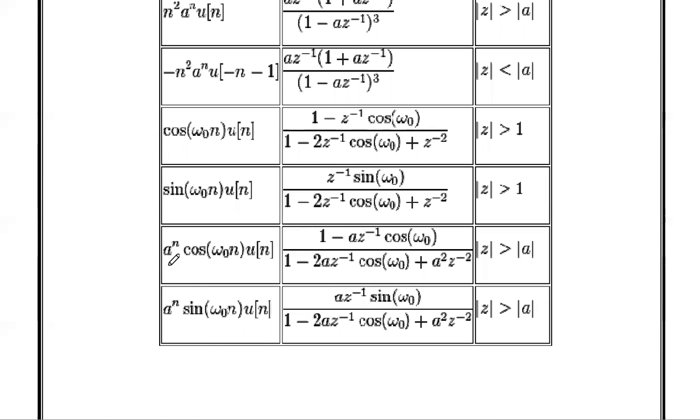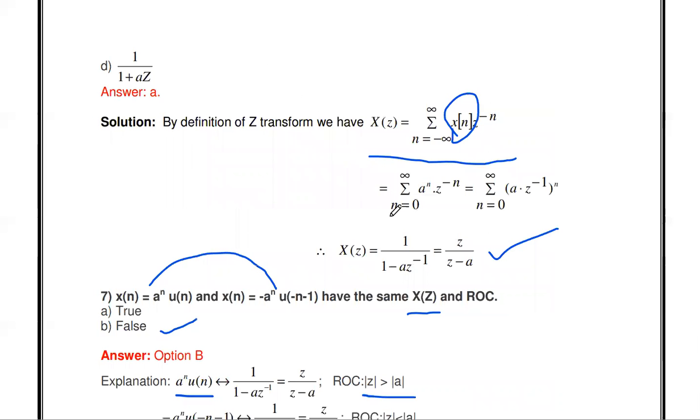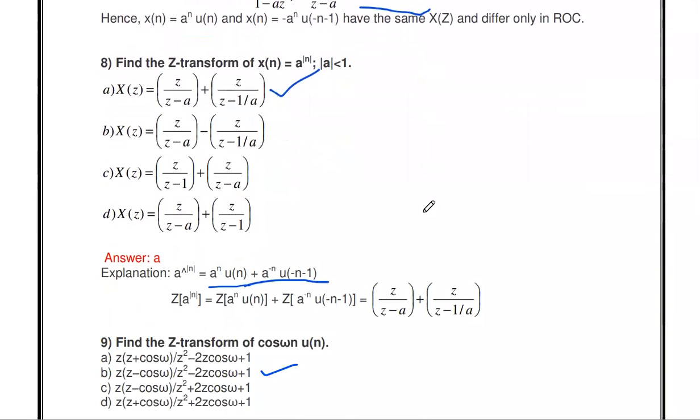Similarly, a power n cos omega naught n, a power n sine omega naught n. What is the difference? In the cos omega naught n u of n problem, we have to replace Z by Z by a. All these problems we solved in a separate video in the signals and systems playlist. So you just remember the standard answers for these problems.